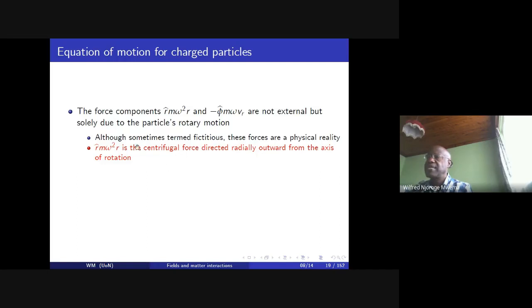Okay, so it's called a centrifugal force, and it's usually called a fictitious force because it really does not exist. It's the centrifugal force that balances the centripetal force on the stone.